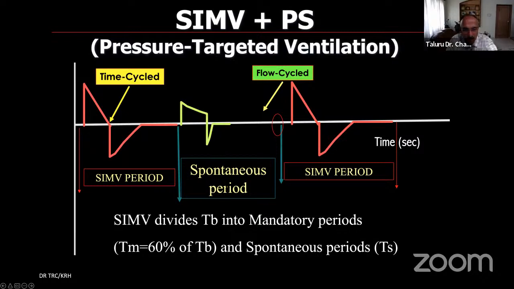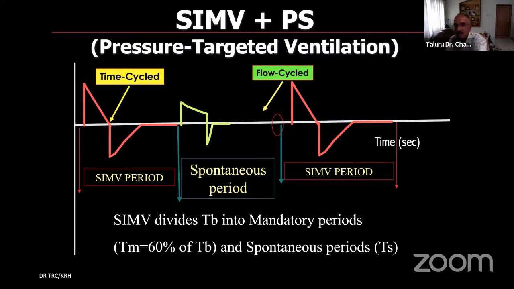See here, the patient is breathing on his own with an IE ratio, and the diaphragm is contracting here, one more breath, and suddenly here, why do you think the diaphragm will stop contracting? How does the ventilator know? How does your brain know that I'm getting a mandatory breath, let me rest now? It is not going to rest. It is going to contract.